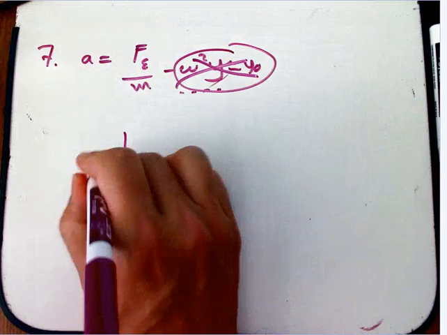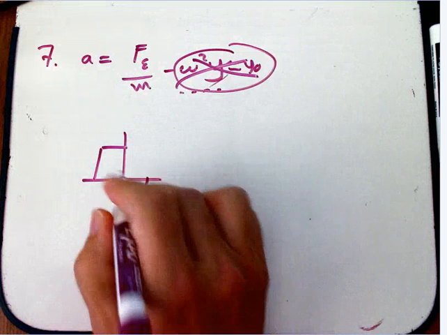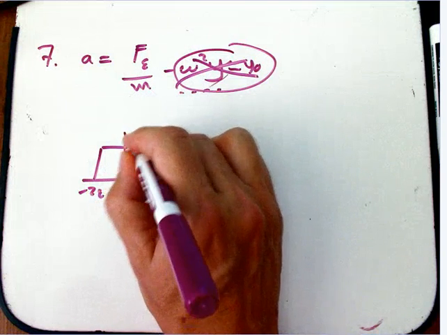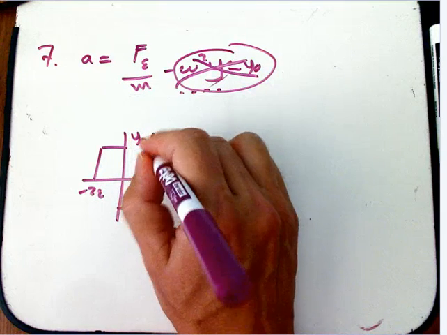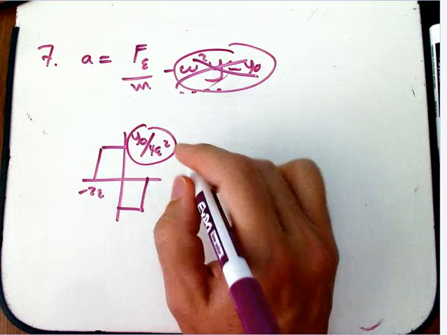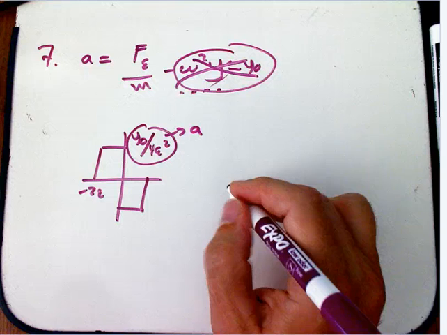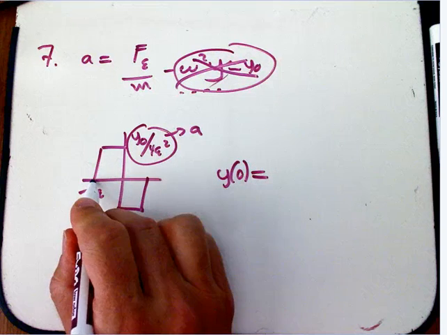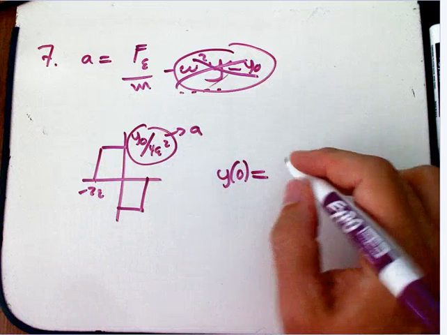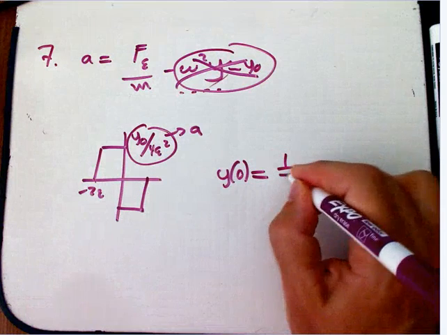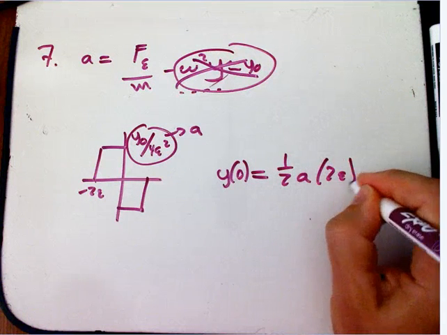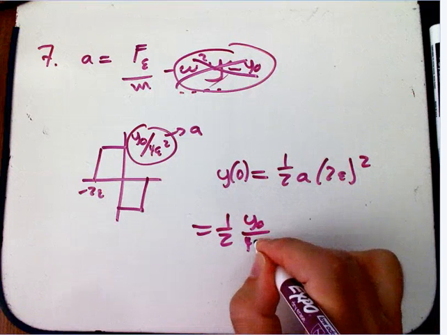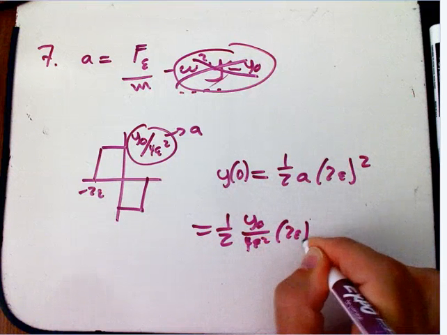And then we're just going to get exactly constant acceleration. I shouldn't have erased this picture. I've got an acceleration of y naught over 4 epsilon squared. Then y of 0, I start out at minus 2 epsilon, and I accelerate with this acceleration for 2 epsilon time: 1/2 times acceleration times t squared, 1/2 y naught over 4 epsilon squared times the quantity 2 epsilon squared.